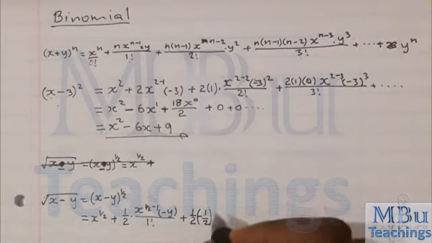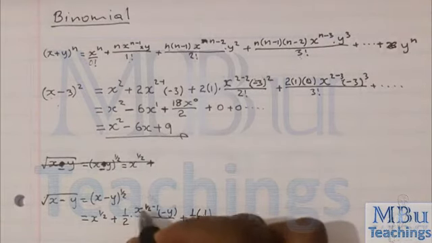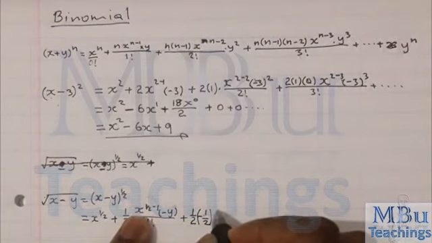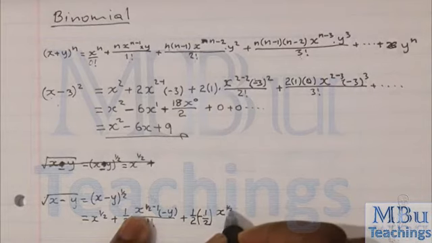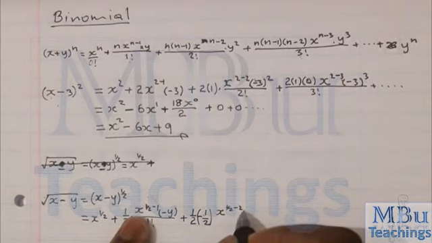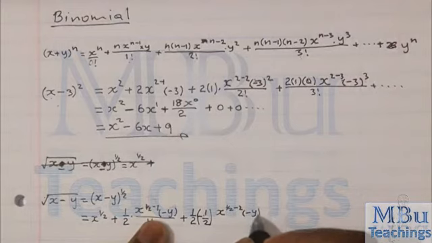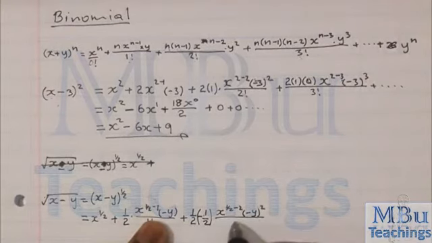Then we move further to this one, to x. So we'll have x. Now you can see x is the numerator. X to the power half minus 2 times negative y. We have minus 2 here, we should have 2 here, divided by 2.